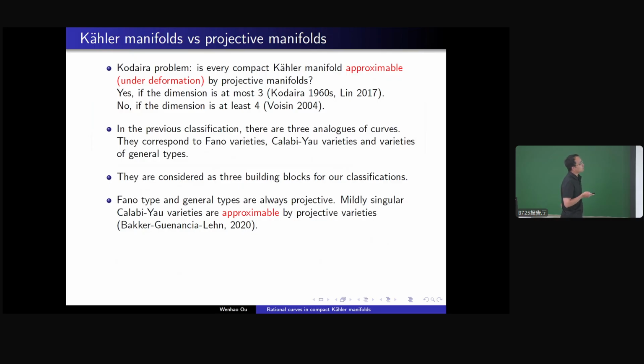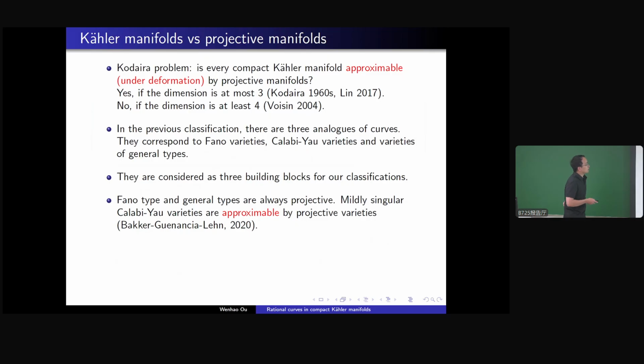For these 3 building block types, we first see that Fano type and general type are always projective. And the mildly singular Calabi-Yau types are approximable by projective varieties. So the 3 building blocks are still approximable by projective varieties. This is due to Baker, Galanti, and Lehn in 2020.